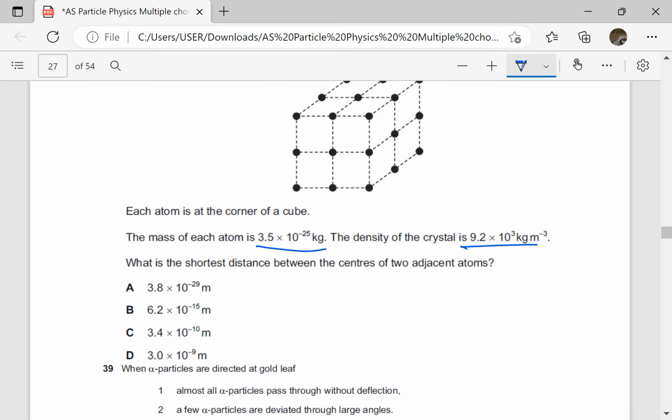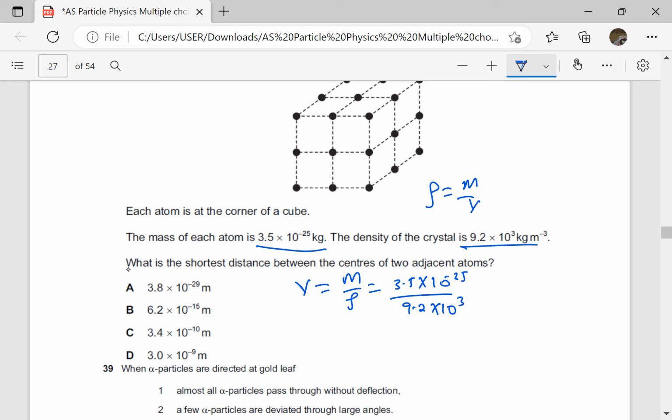Let's first find the volume, since it is a cube. If density is mass over volume, then volume is going to be mass divided by density. So this would be 3.5 times 10 power -25 divided by the density, which is 9.2 times 10 power 3.